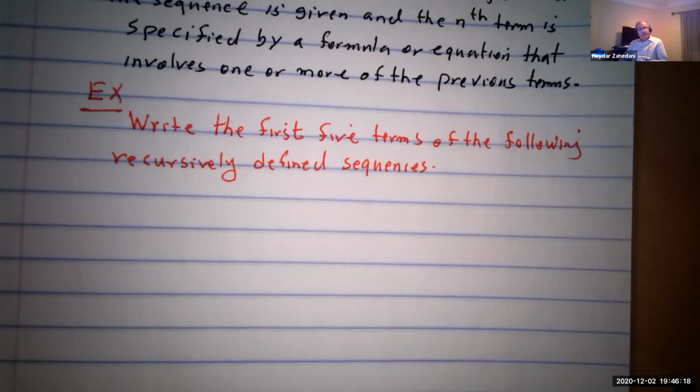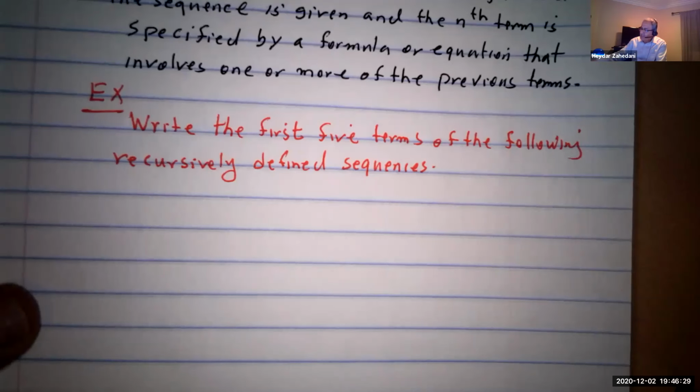The one that you may get is defined in terms of only one of its previous terms, or you may get more than one. So we go with the first one.